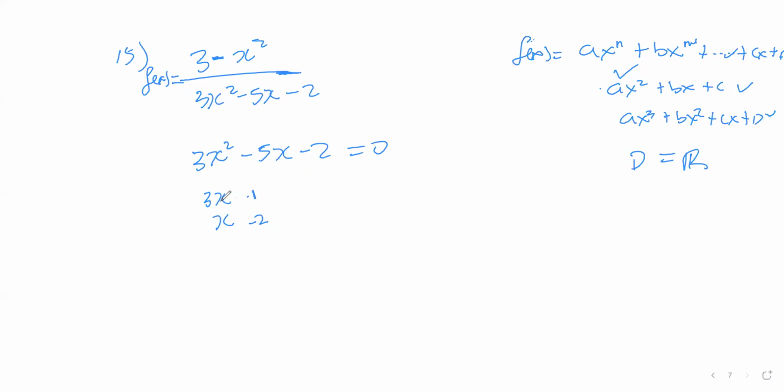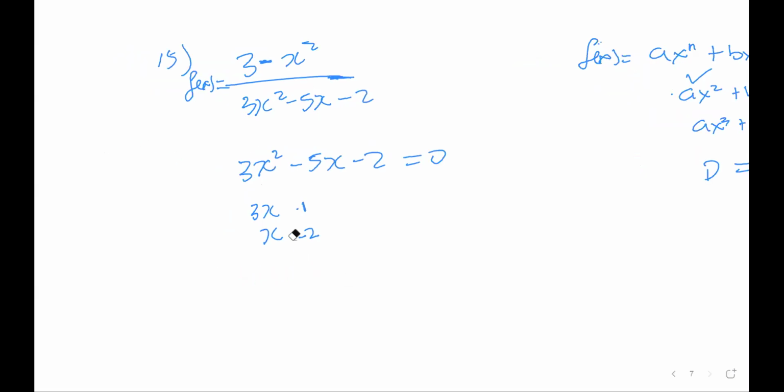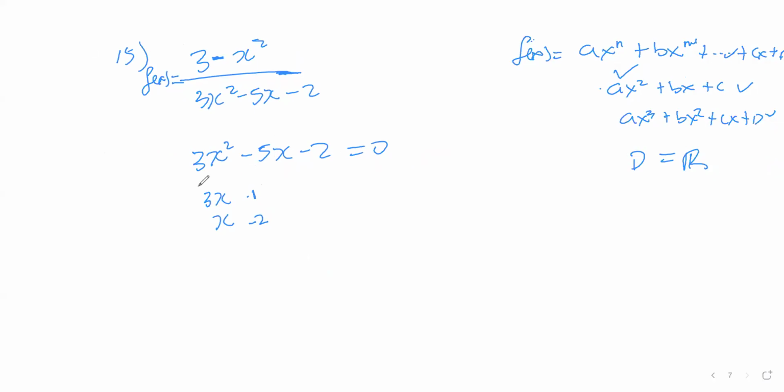If we cross multiply and add, we get 3 times minus 2 is minus 6x, plus x, which is minus 5x, which is our middle term.